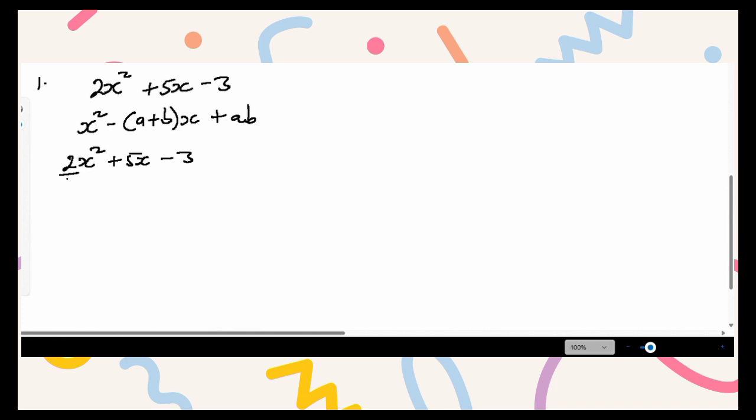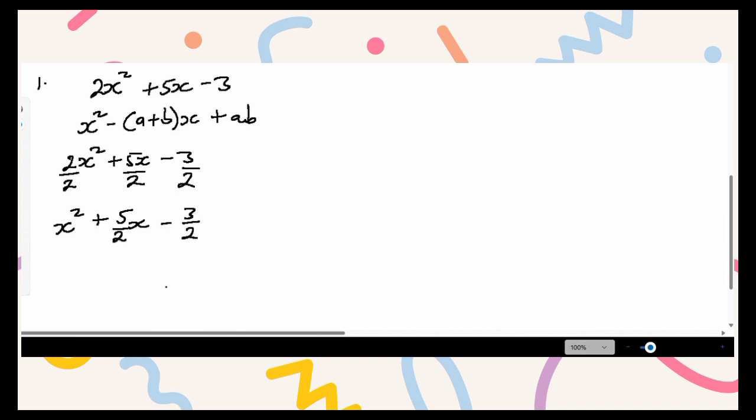So the coefficient is 2, we divide here by 2, divide here by 2, and divide this place by 2. But when doing that, the first term is going to have x squared plus 5 over 2 x, then minus 3 over 2.